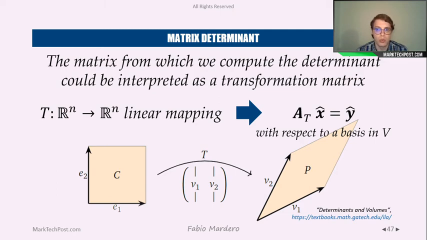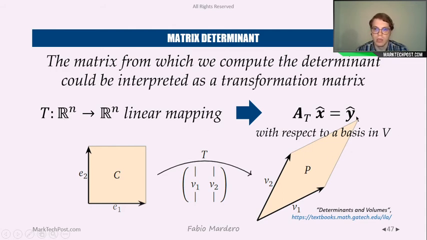But in order to see these properties, we need to understand that the matrix from which we are computing the determinant could be interpreted as the transformation matrix of some linear mapping. For example, here, let's take this linear mapping, this endomorphism that goes from Rn to Rn.